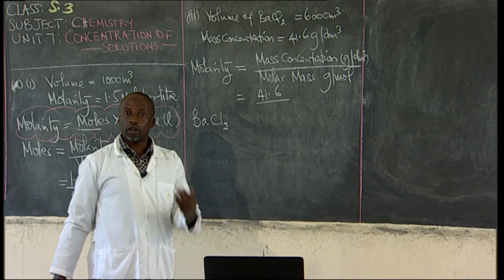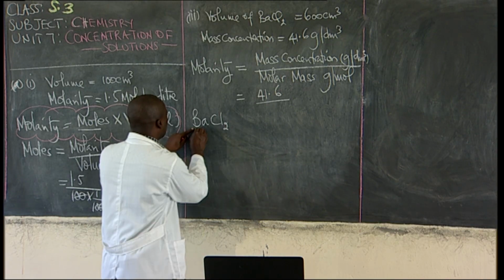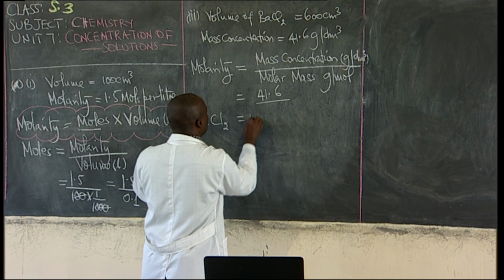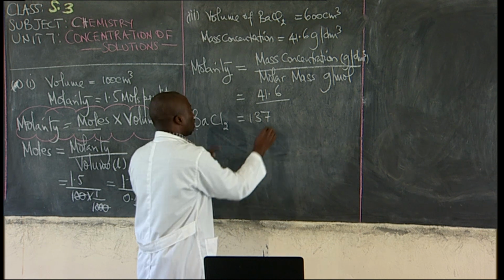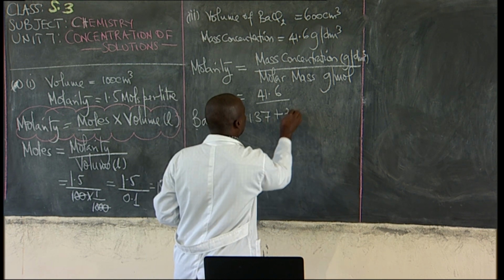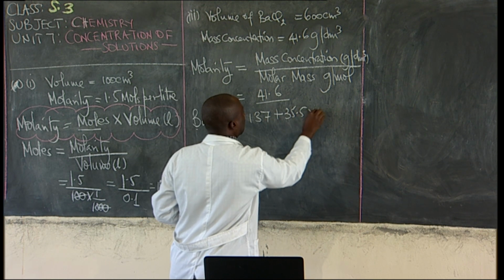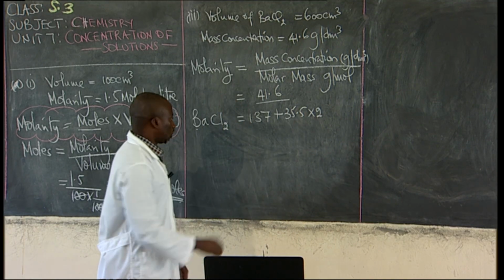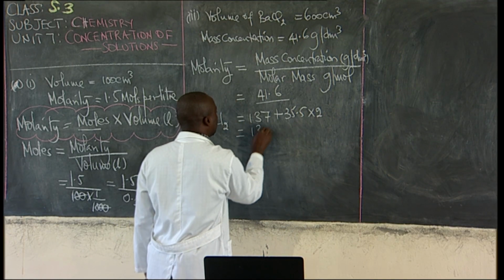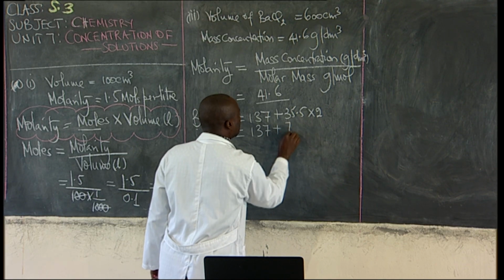When you look at your periodic table, you'll find the atomic mass of barium is 137. So you'll add 35.5 times 2. This is the same as 137 plus 71.